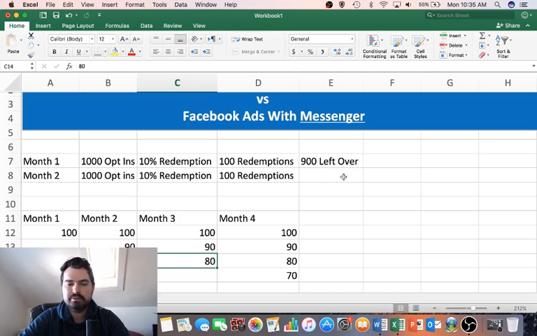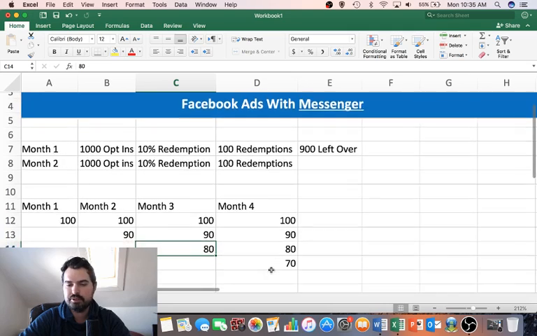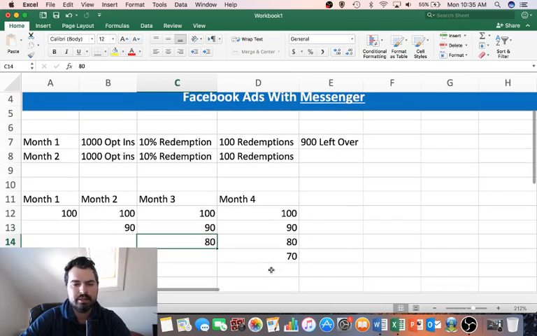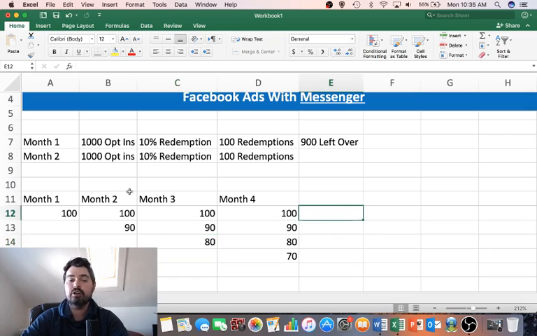And so I know 10% of that is actually 81, but I just want to keep the numbers simple so you get the idea of the concept. So month 3, I have 100 plus 90 plus 80. Month 4, I have 100 plus 90 plus 80 plus 70, and it can keep going on and on like that. And again, you're not increasing your ad budget. You're keeping it the same.